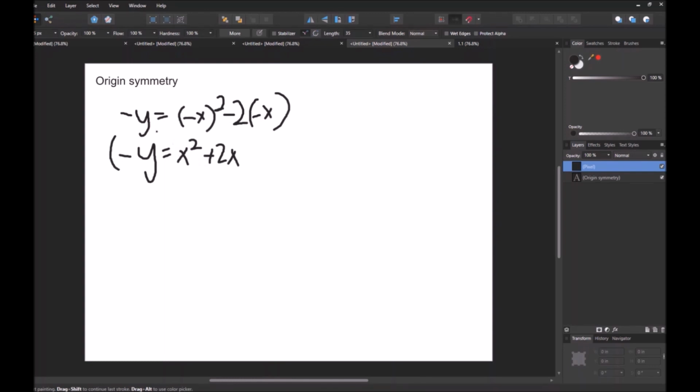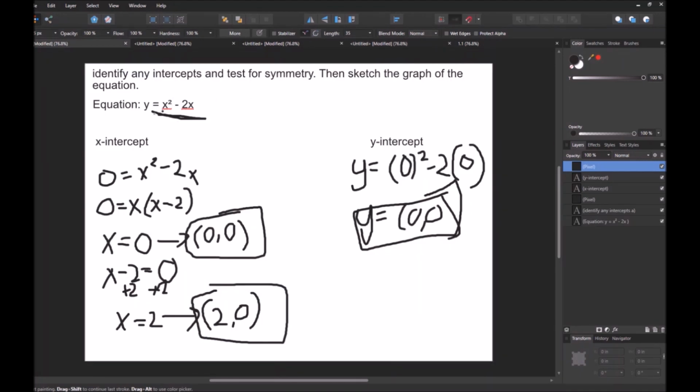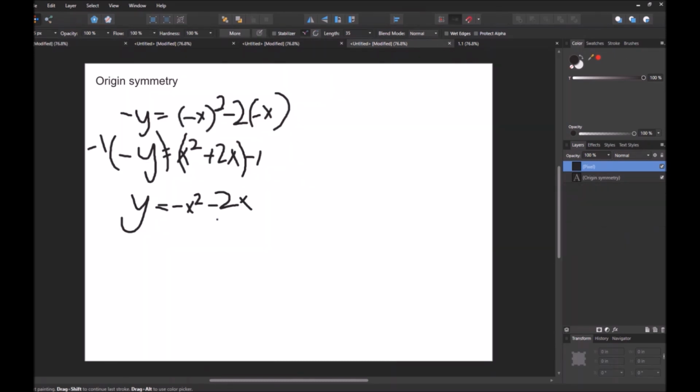And now we're going to multiply both sides by negative 1. And we're going to get y equals negative x squared minus 2x, which is close to our original equation, but in our original equation x squared is positive, and in this one it's negative. So we can say that this does not have origin symmetry.